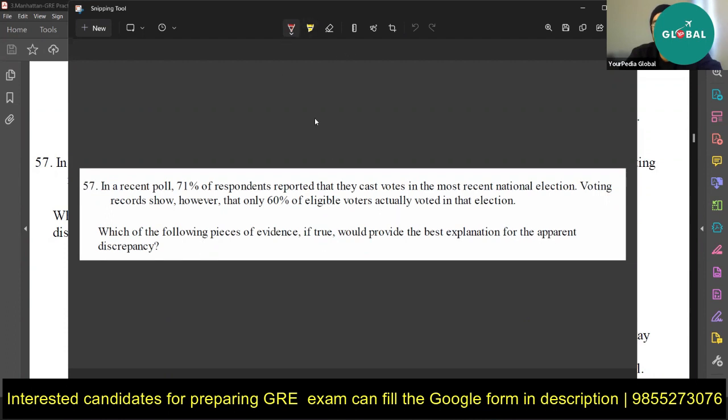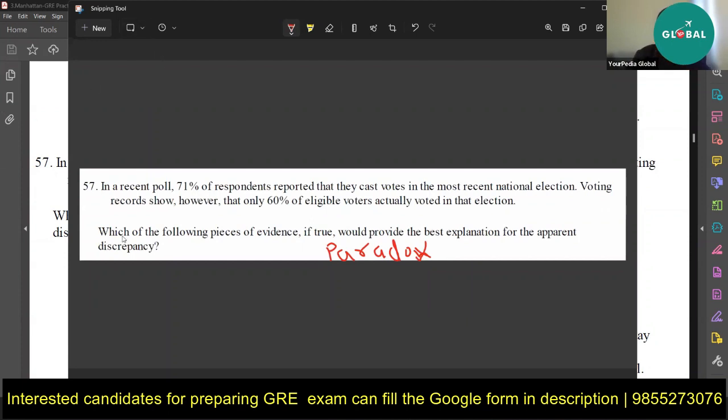So these questions are called paradox questions. If you just read the question, you will get a paradox. Paradox means one line of information is giving one conclusion, but the second line is giving completely different data.